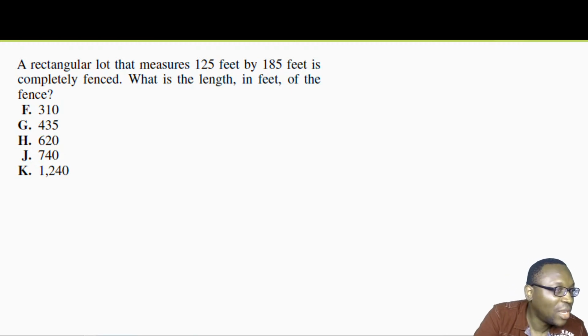We have a rectangular lot that measures 125 feet by 185 feet that is completely fenced. What is the length in feet of the fence?